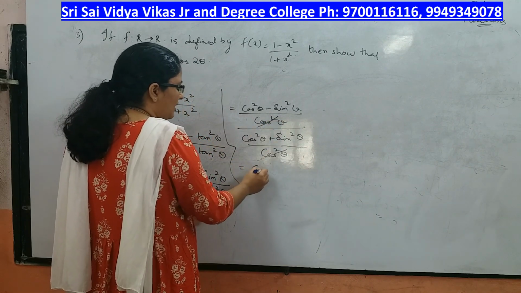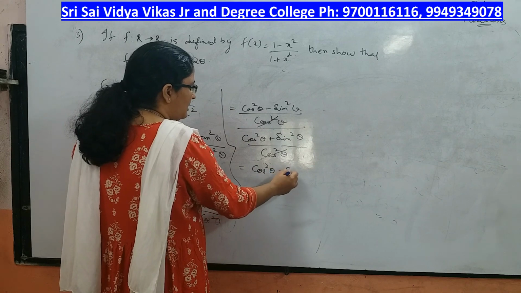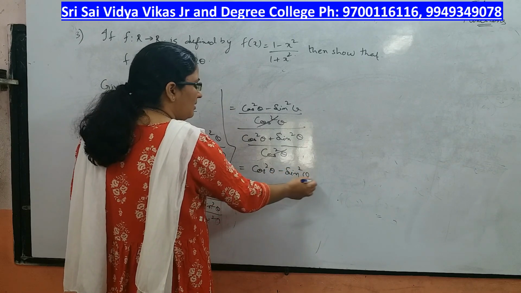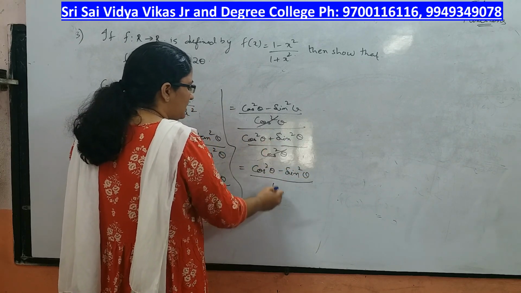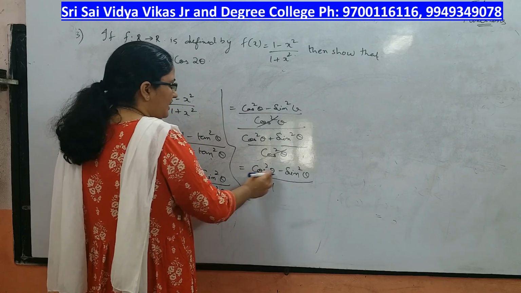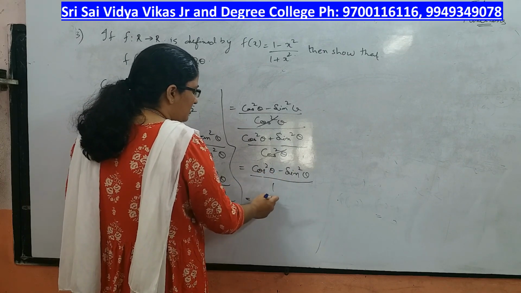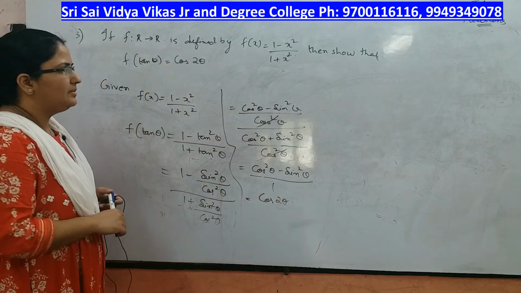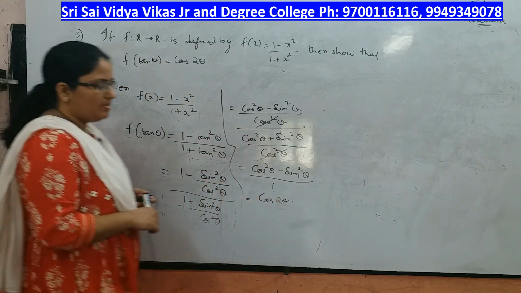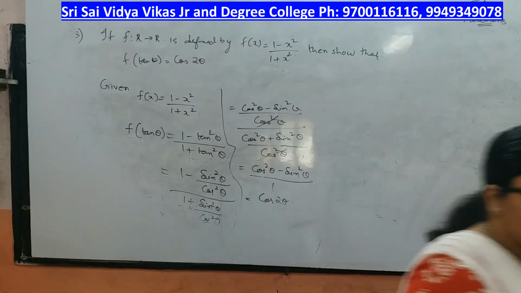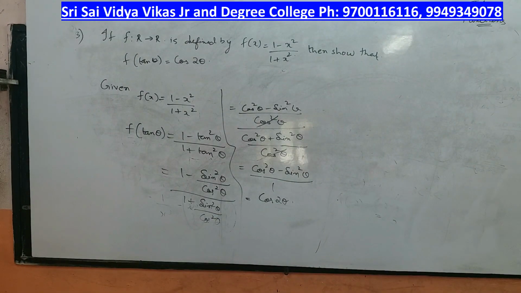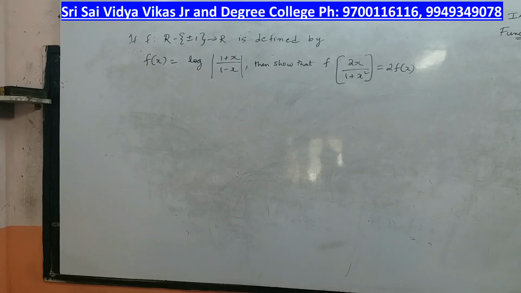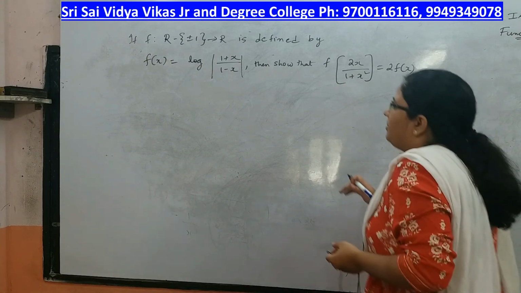You have cos square theta minus sin square theta by cos square theta plus sin square theta, which is 1. Cos square theta minus sin square theta is cos 2 theta. That's about this problem. We shall discuss the next problem.